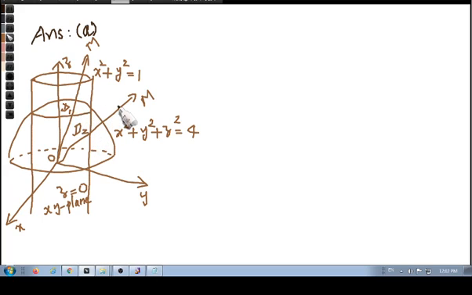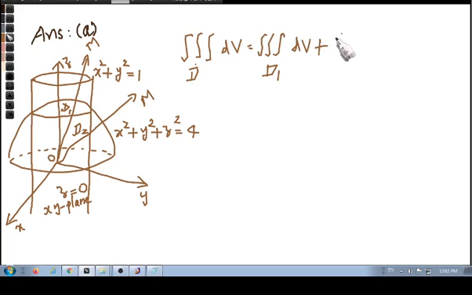And then we use what is called the additivity property of the triple integral. So the triple integral over D dV equals the triple integral over D1 dV plus the triple integral over D2 dV.